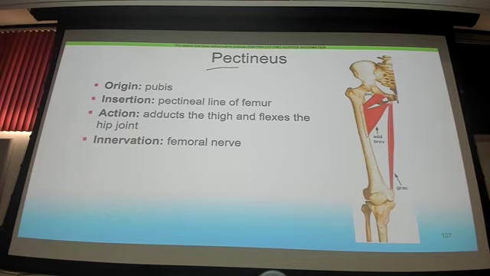And so the anterior compartment, because it receives femoral nerve, originates off of the pubis and then inserts along the line of the femur. If you drew the line of the femur, you've got muscles that will attach there. And so it actually inserts here. Good to know because that's what shows us that it helps to adduct the thigh and flex the hip joint.